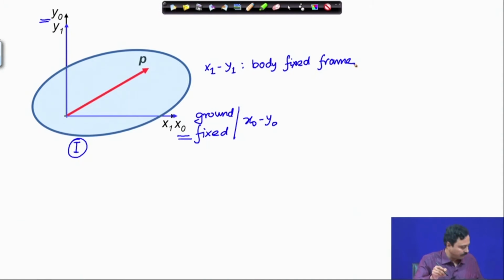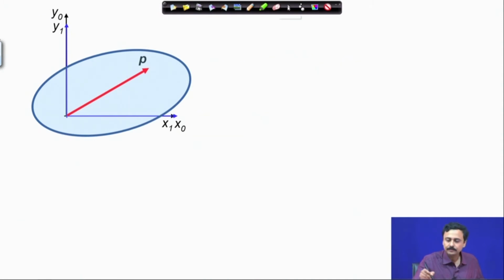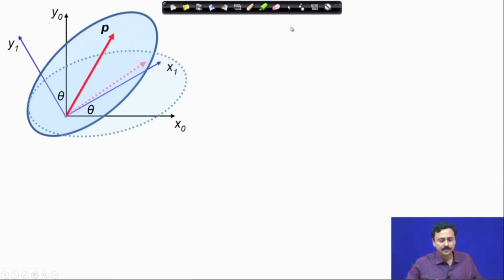What happens when we rotate the body? x 1 y 1 has rotated by this angle theta, as you can see.